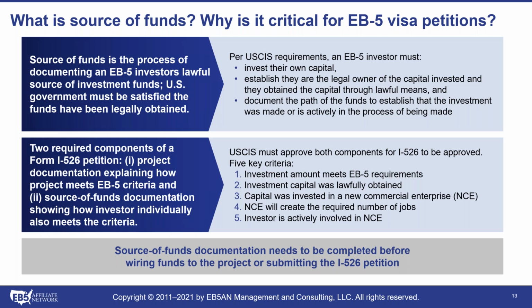Because there are these two pieces of the application, the focus for the investor and for the immigration attorney has to be on that source of funds, which is where we've seen a vast majority of problems with I-526 petitions. On the deals we've structured, we have 100% approval on the project side, but some investors do hit hurdles on the source of funds portion, which is why we're focusing on that in today's webinar.